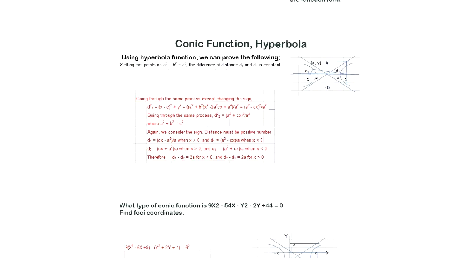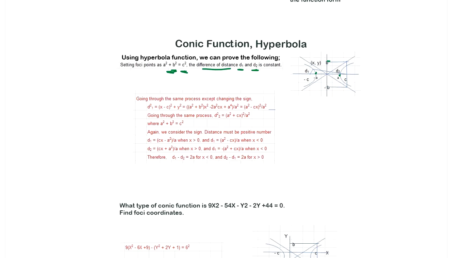So a square plus b square is c square. The distance d1 and d2, the difference of the distance. So for a hyperbola, you can define a, its intercept, and the b.